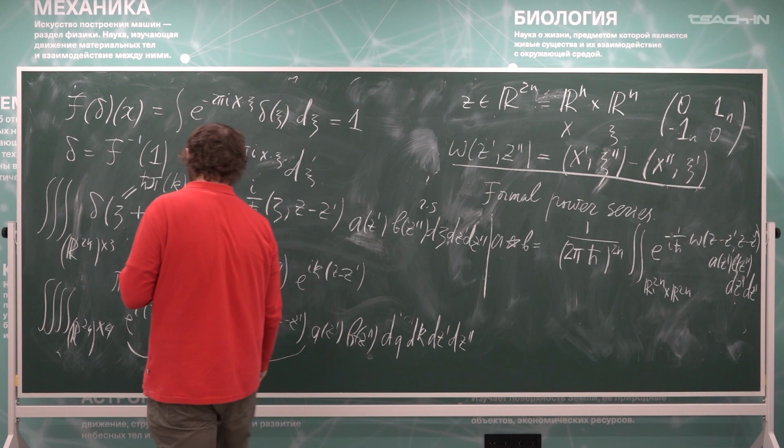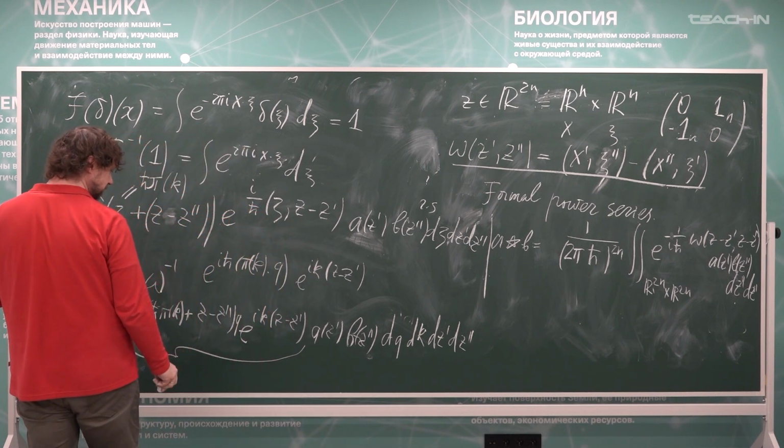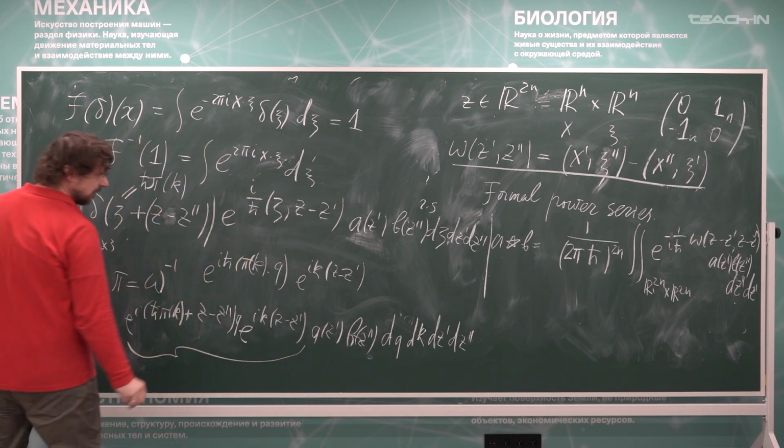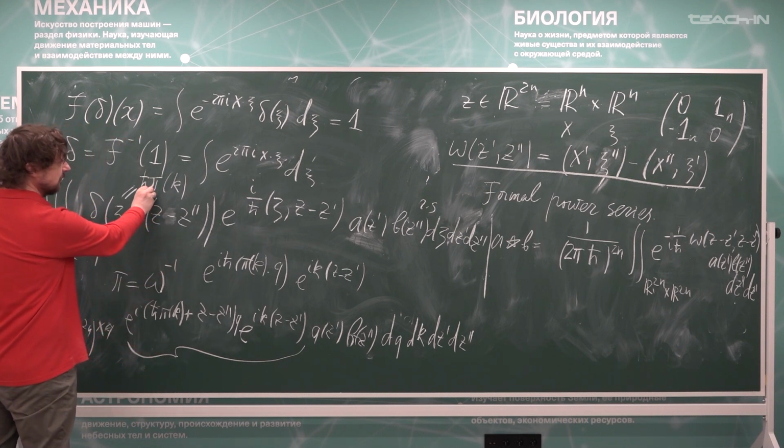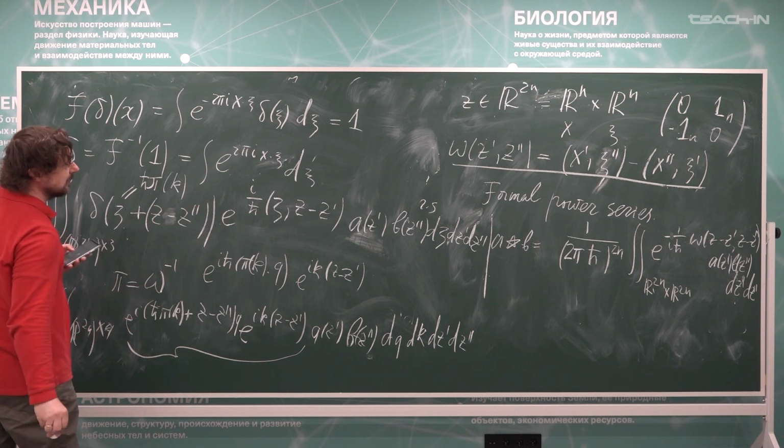And that's because pi is the inverse of omega, so omega cancels out.